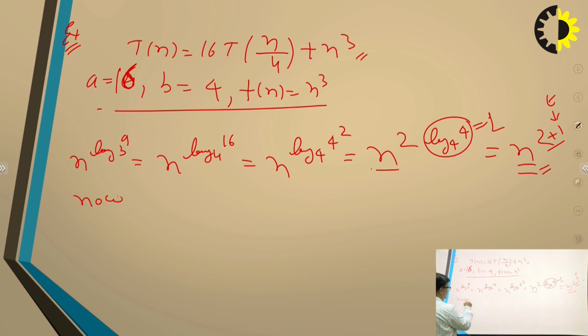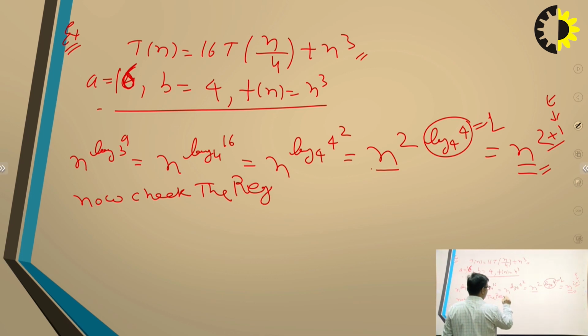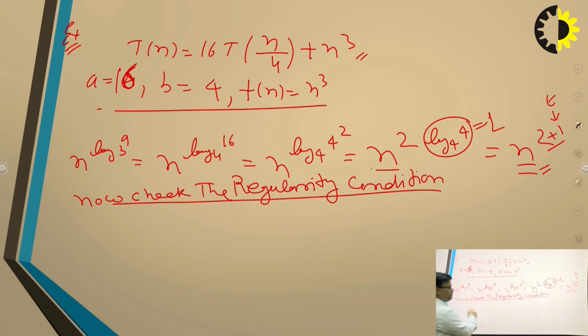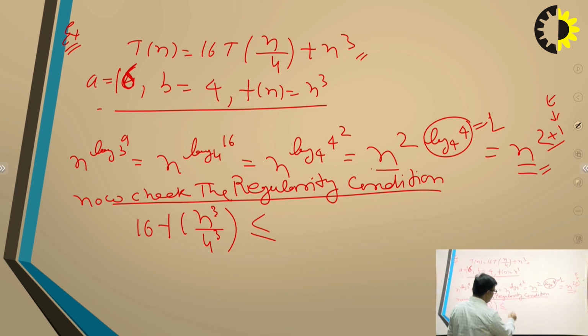Now check the regularity condition. What is the regularity condition? 16 f(n by 4), where f is n cube, is less than or equal to c f(n), n cube.